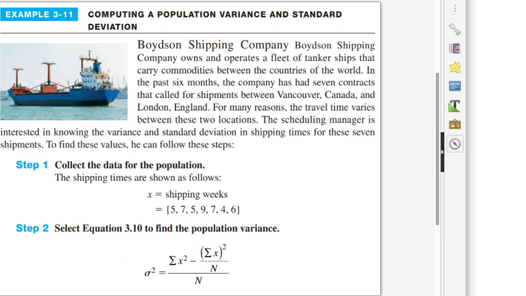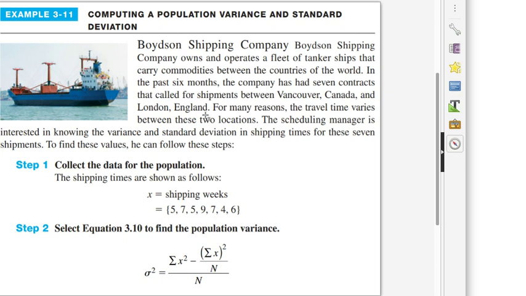Boydson Shipping Company. Boydson Shipping Company owns and operates a fleet of tanker ships that carry commodities between the countries of the world. In the past 6 months, the company has had 7 contracts that called for shipments between Vancouver, Canada, and London, England.